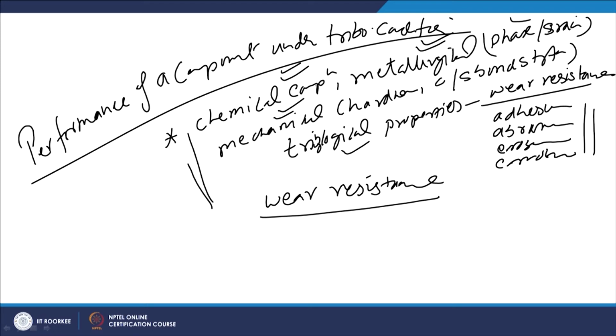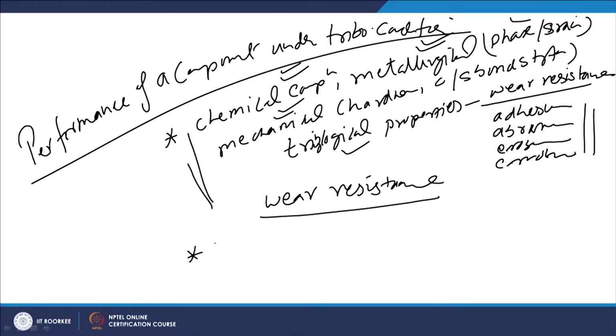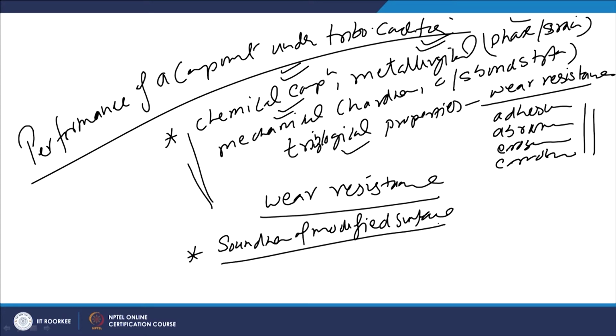Apart from the properties for a given modified surface, there is another aspect that affects the performance of a tribological component, which is, say, the soundness of the modified surface. Means how sound the modified surface is, it should be free from defects and discontinuities.